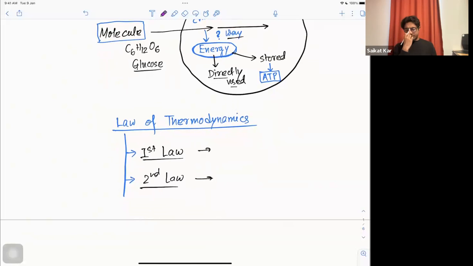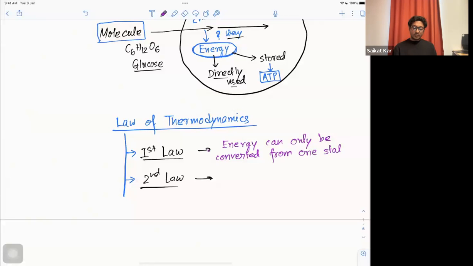So what is the first law? That energy can neither be created nor be destroyed. Energy can only be transferred from one state to another. So energy can only be converted from one state to another.